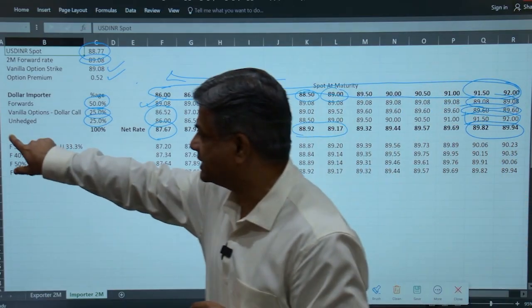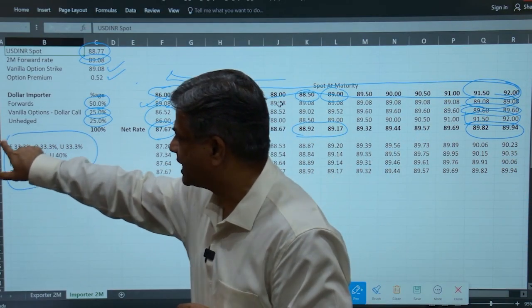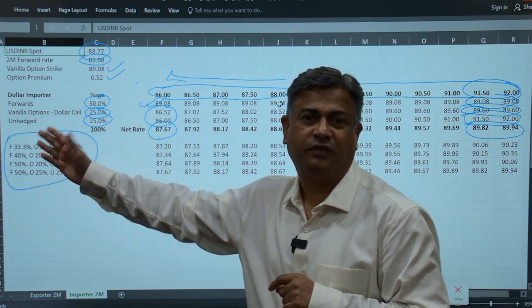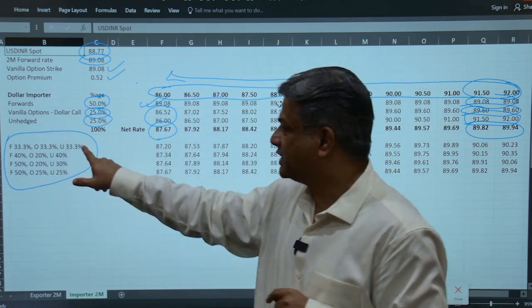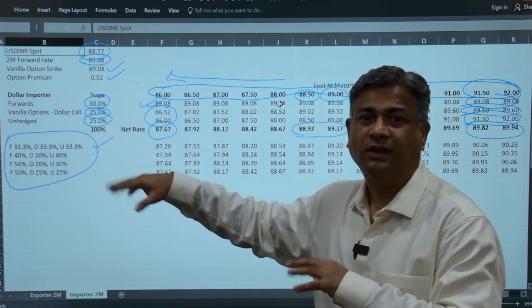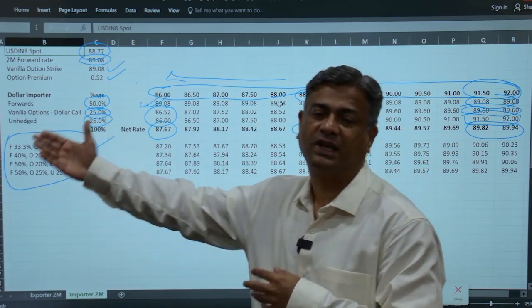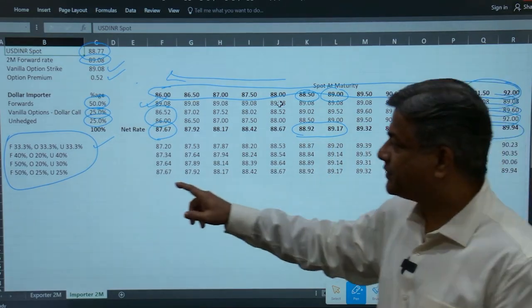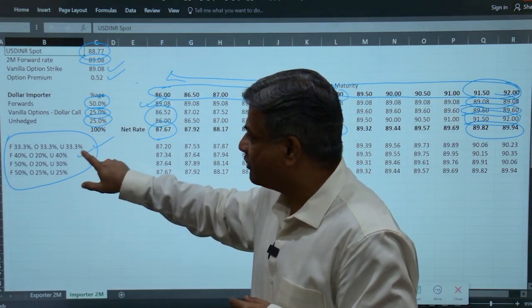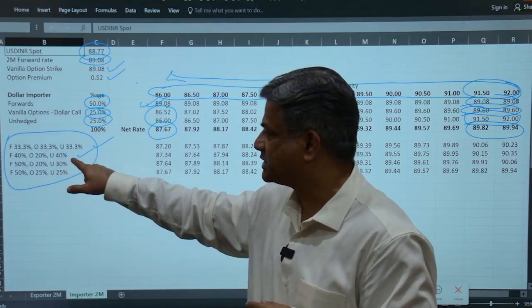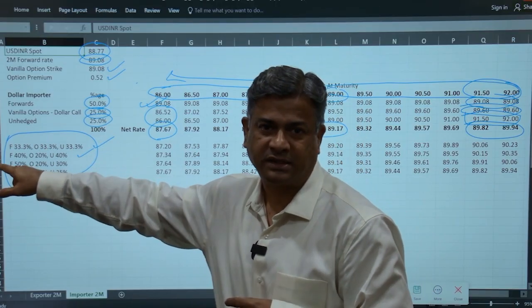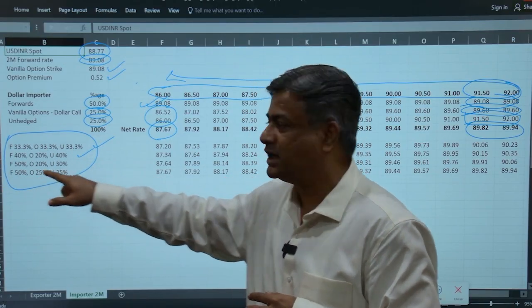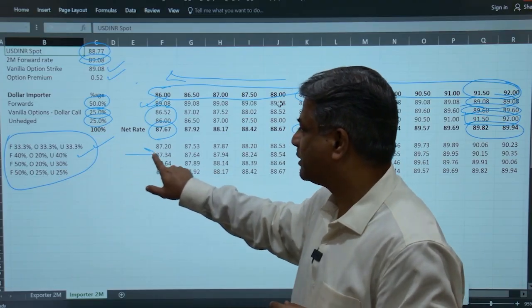Here what I have done is I have given 4 cases where I have given different percentages. The first case is where I have 1/3, 33.3% for each of the instruments. What is my net payoff? On the second, I have 40% of forwards, 40% of open and 20% of options. In that case, what is my net payoff?